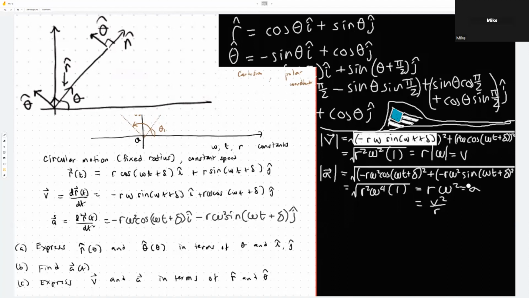You have a common factor, actually R and omega squared, but I only want you to factor out the negative omega squared. So look at the expression for vector A and factor out the negative omega squared. Where's the unit vector?